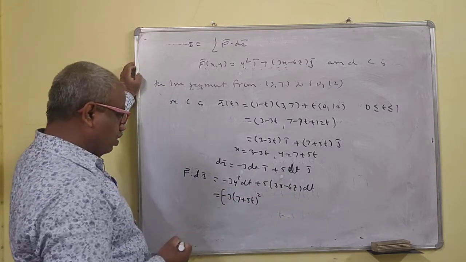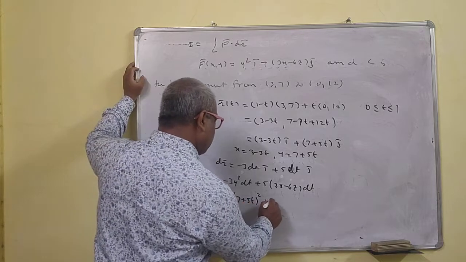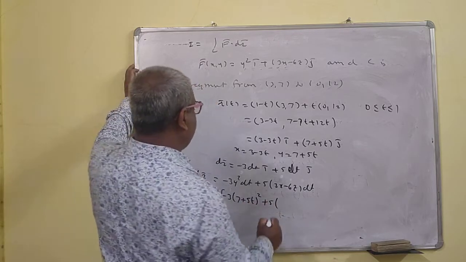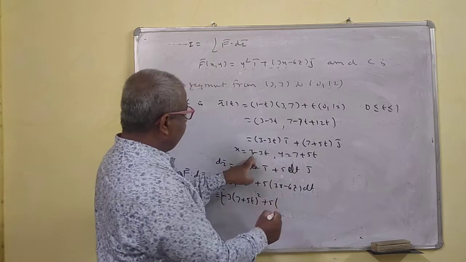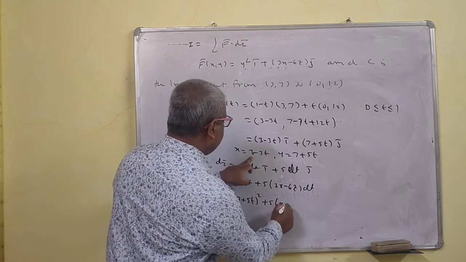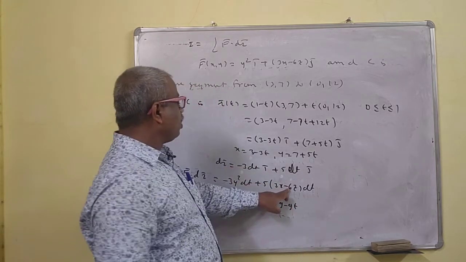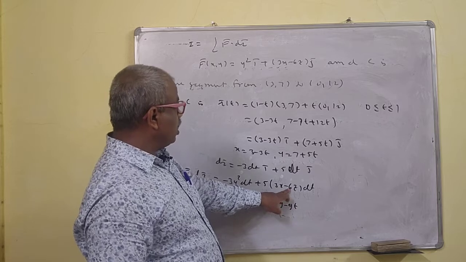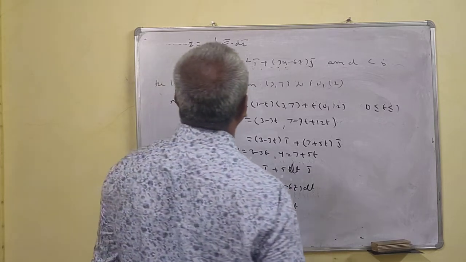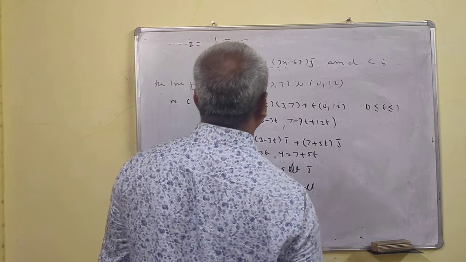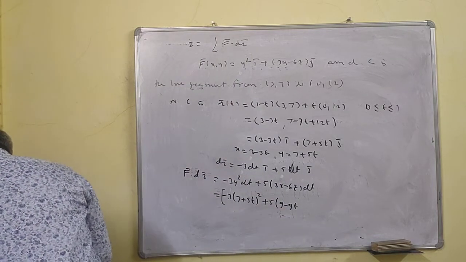I take dt common. So plus 5 times 3x. So 3x means we directly multiply this: 9 minus 9t, minus 6z. How did we get 6z here?